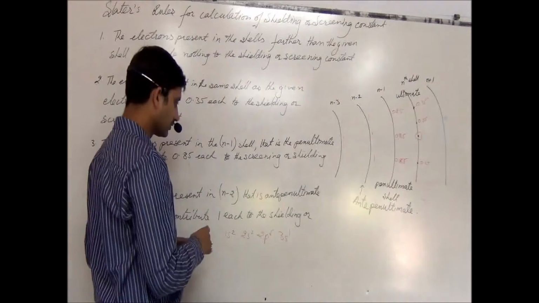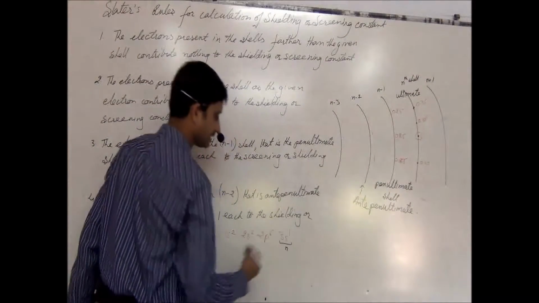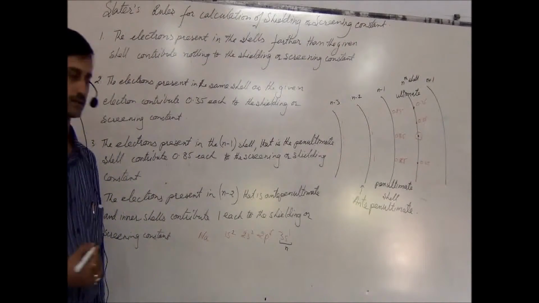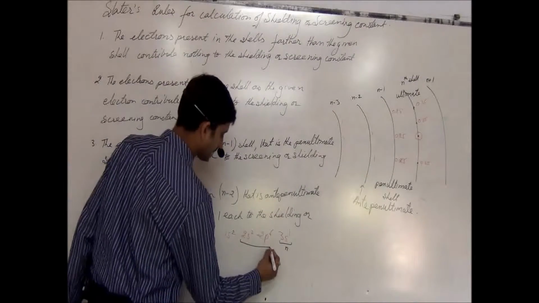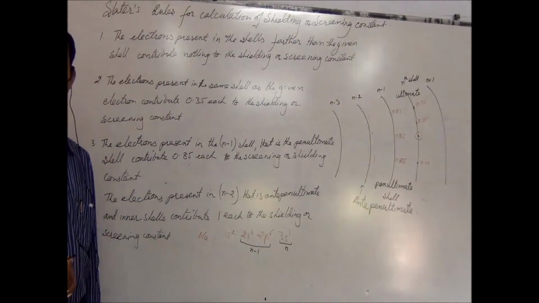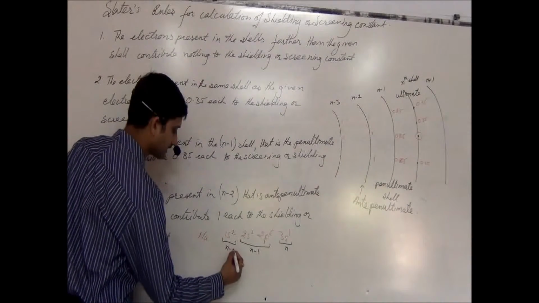So, if I want this as the last electron, this becomes n. Okay? This becomes n minus 1 and this becomes n minus 2.